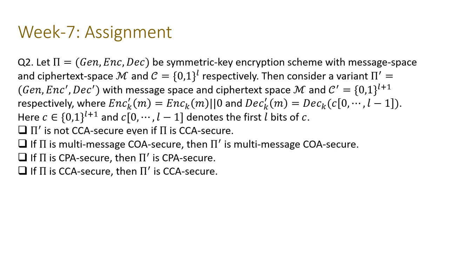And then we consider a variant pi dash, which is also a three-tuple. KeyGen is exactly the same as in pi, and the encryption and decryption algorithms are modified. Here the ciphertext space is an L plus 1 bit binary string.